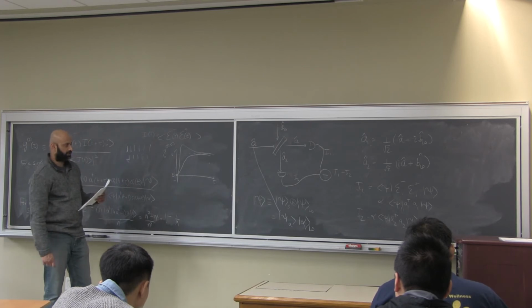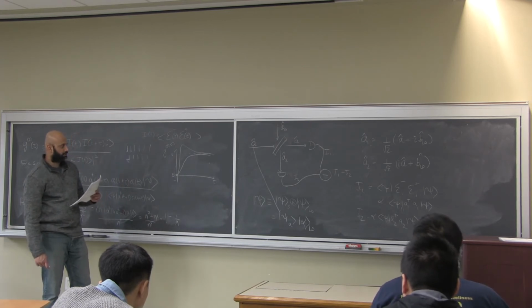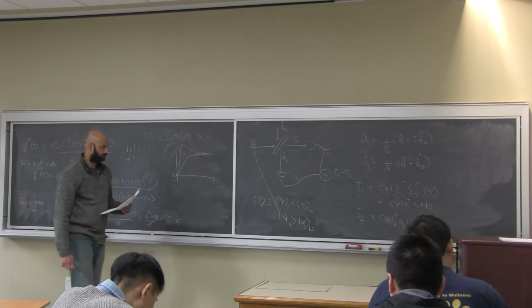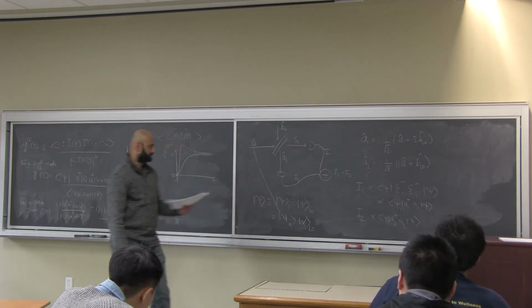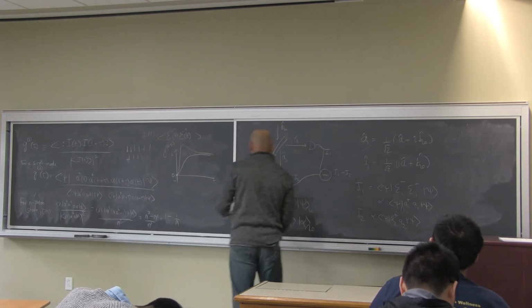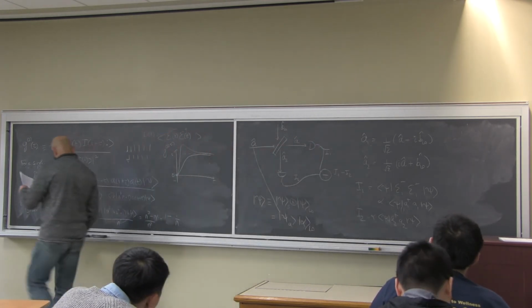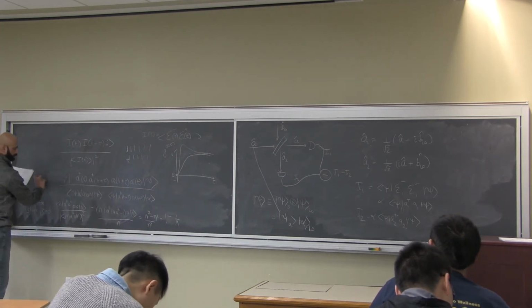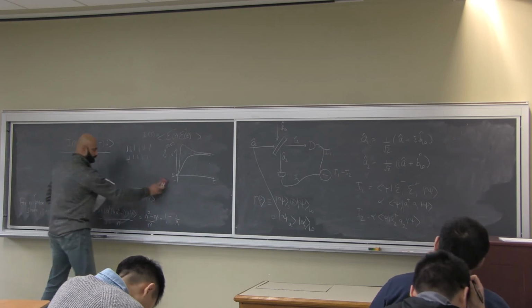So the local oscillator is in the coherent state alpha, and the signal, the field that I want to analyze, is in the state psi. And now I want to show you that in fact this output photocurrent is going to be proportional to the two quadratures of the field.